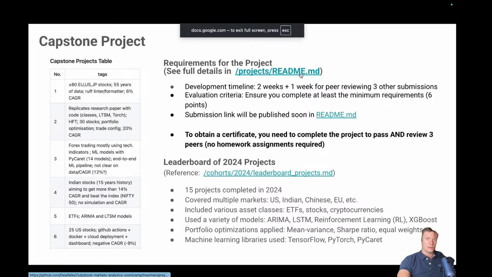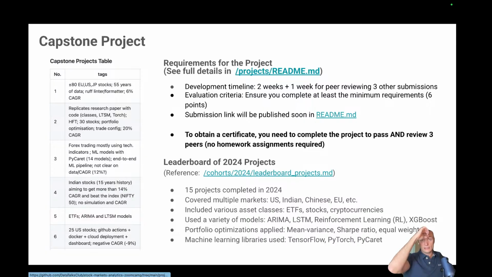First, about the requirements for the project. The requirements will be the same, so you can read about all of the requirements in the README file. The timeline is that you will have 2 weeks from approximately tomorrow, when I create a page for project submission, to develop a project.